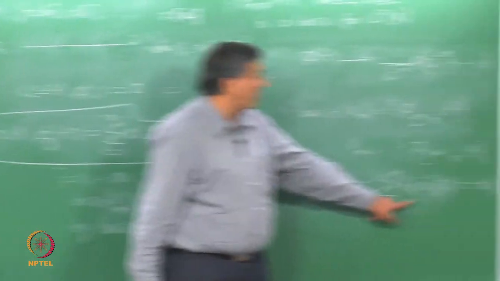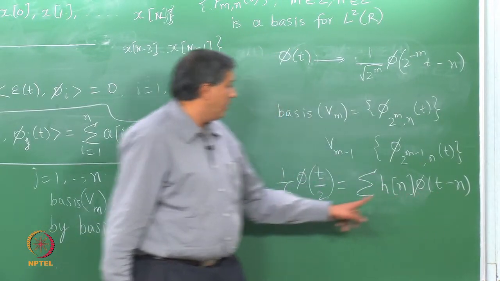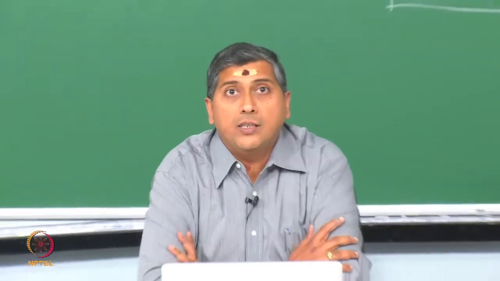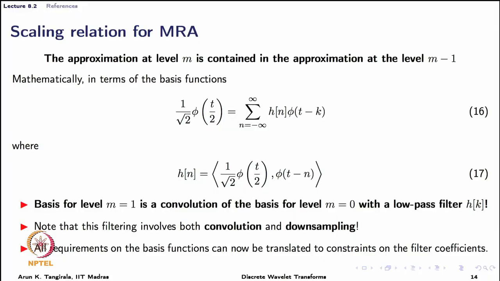So, these h are the coefficients that allow me to go from V naught to V 1, all right. And how are these coefficients obtained? They are obtained by taking the inner products of phi of t by 2 with phi of t minus n. That is again by our assumption that phis are orthonormal, right.